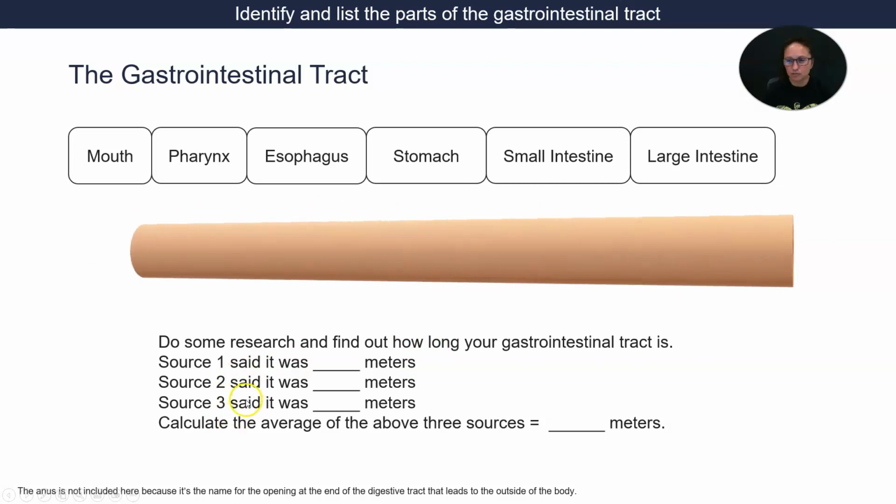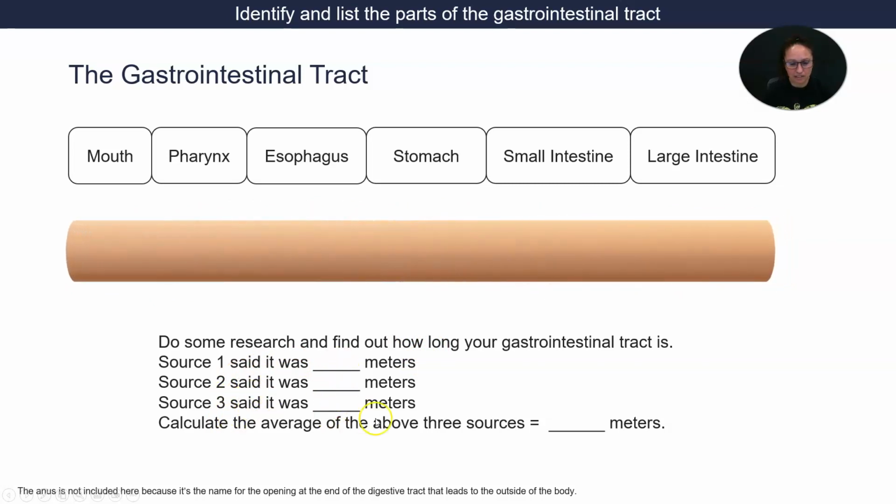So grab a few sources and write down what they say, and then take the average of that. Okay, so we're looking at the gastrointestinal tract, and it's made up of different parts. These are all parts of this long muscular tube.